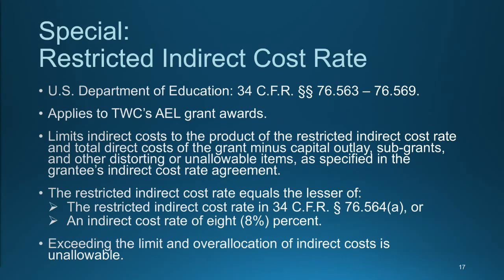That's where it talks about these. And the reason that applies is because those regulations say if your Department of Education program has a supplement-not-supplant provision in it, which AEFLA does, then the restricted indirect cost rate applies. So there we go. It applies to our AEL grant awards that we make.